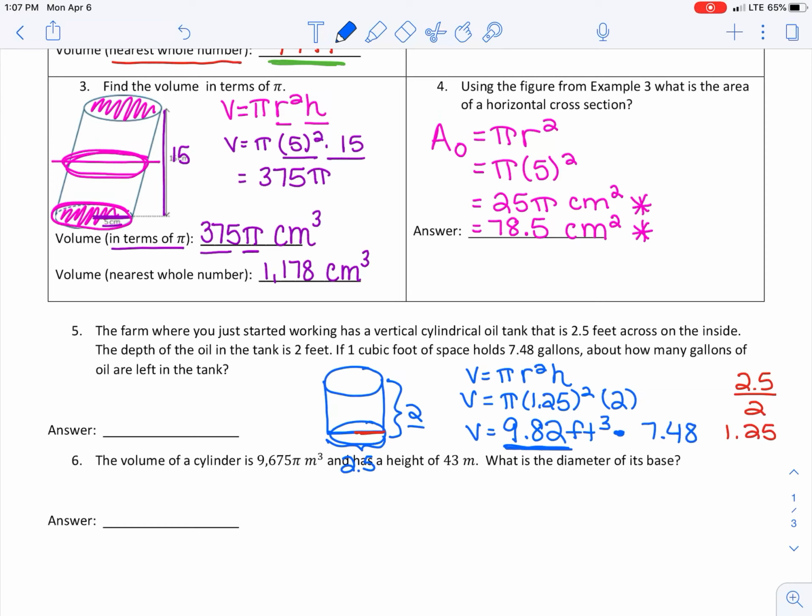And if you do that, you end up with 73.4 gallons. Now, it says approximately how many. I'm going to round this, so approximately 73 gallons. I'm just rounding to the nearest whole number. Okay.